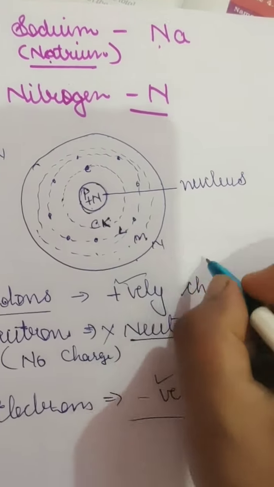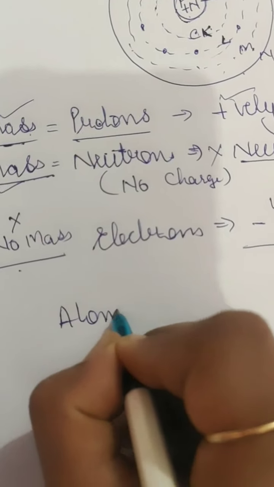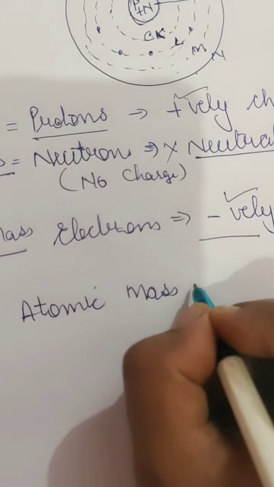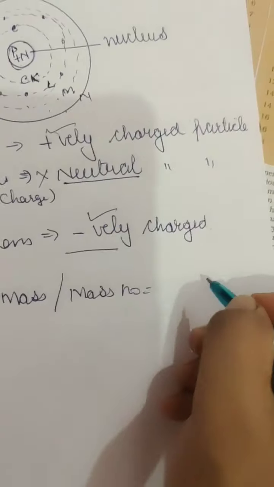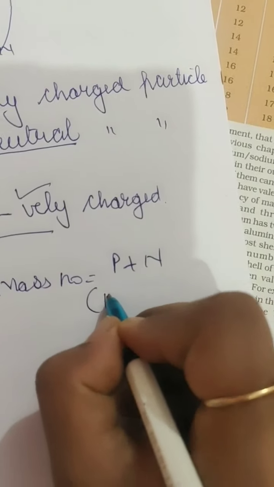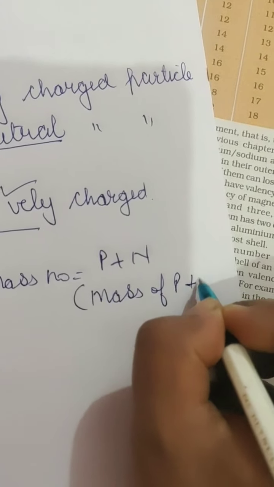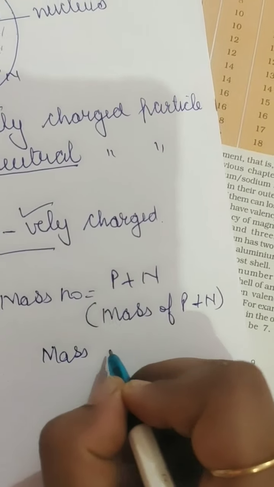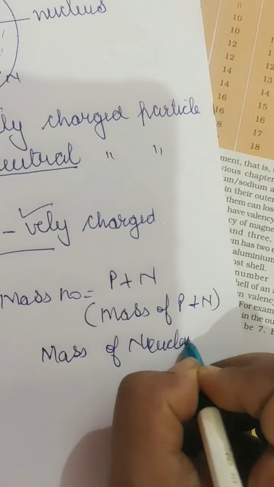That means the atomic mass, the atom's mass, or we can also say the mass number, is protons plus neutrons, or the mass of the nucleus.